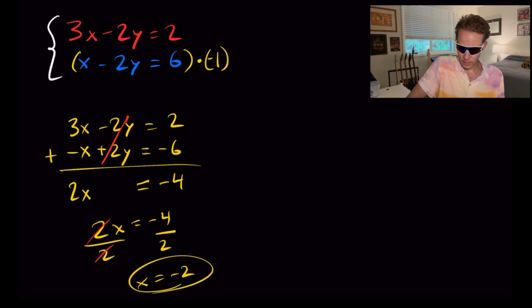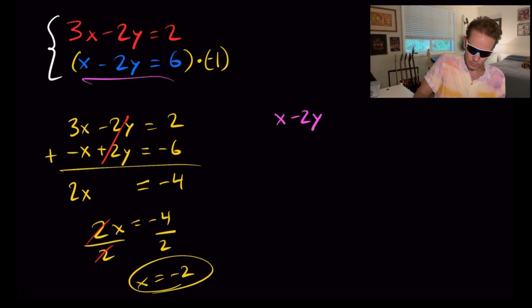Again, plug that into either one of the original equations to get y. Let's do the bottom one. So we'll take x minus 2y is equal to 6. Instead of x, we're going to replace that with negative 2, so negative 2 minus 2y is equal to 6. I'll add 2 to both sides.